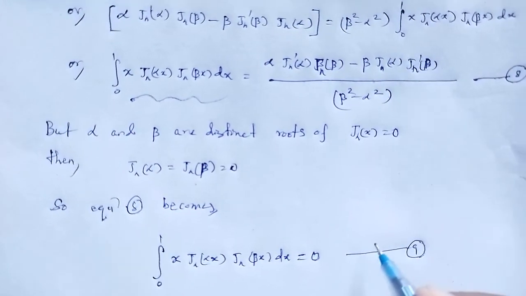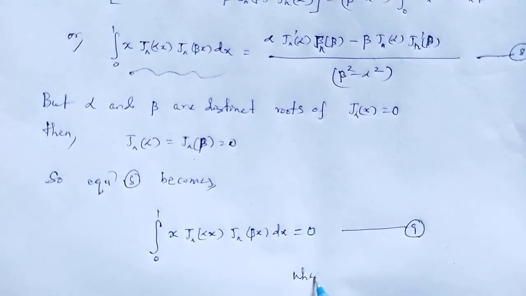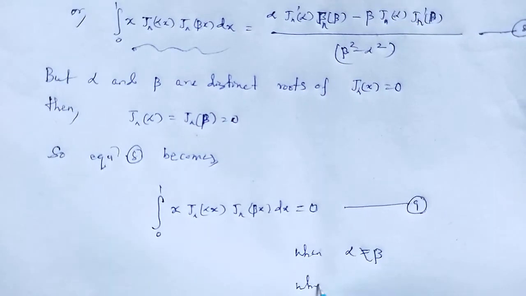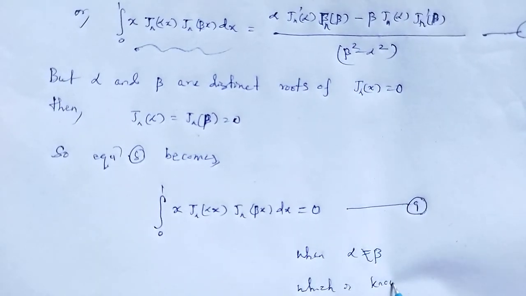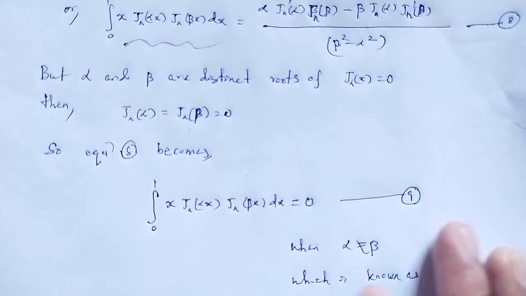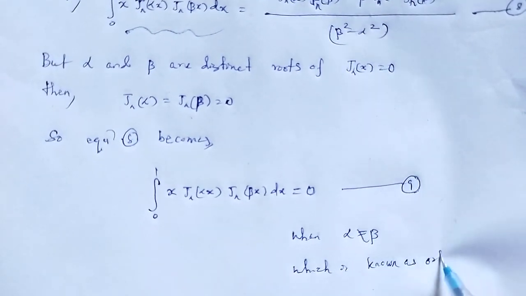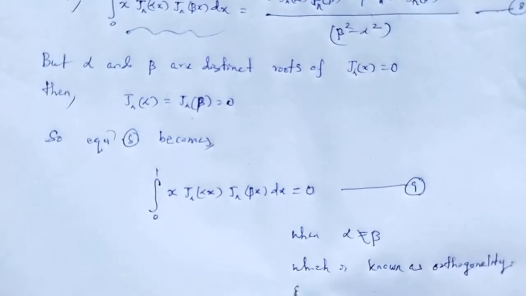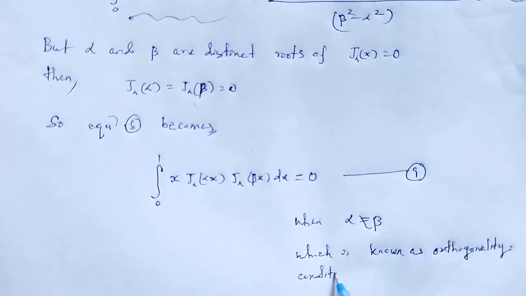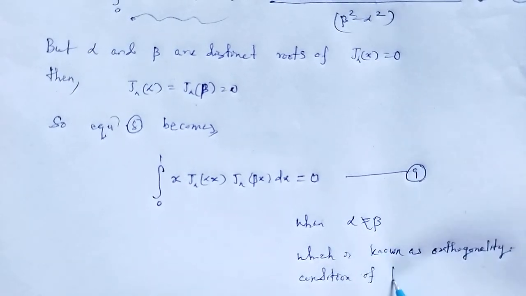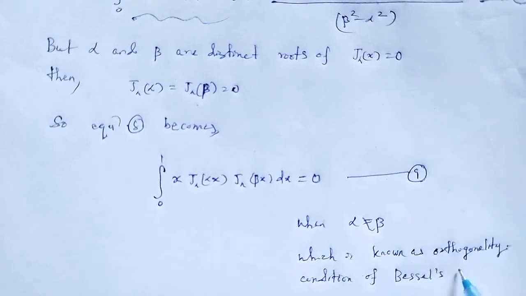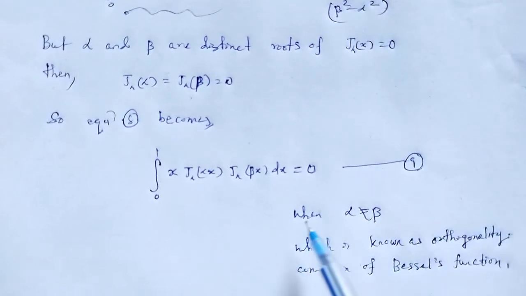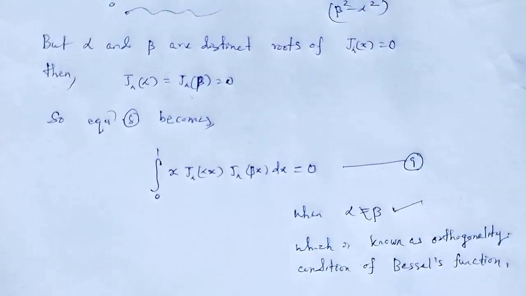That is equation number 9, when the condition alpha is not equal to beta holds, which is known as the orthogonality condition of Bessel's function. That is the first condition we get when alpha is not equal to beta.